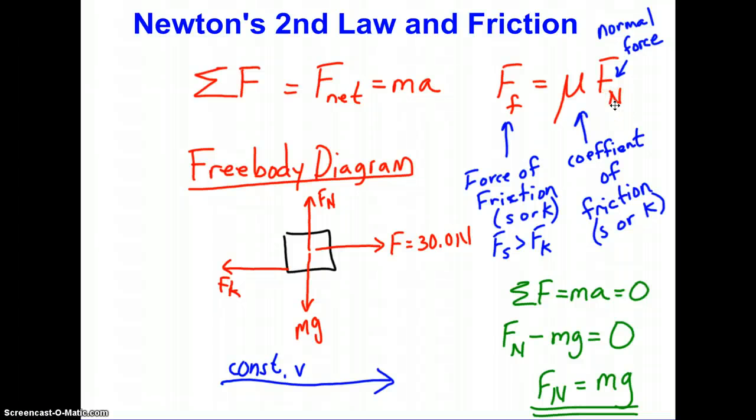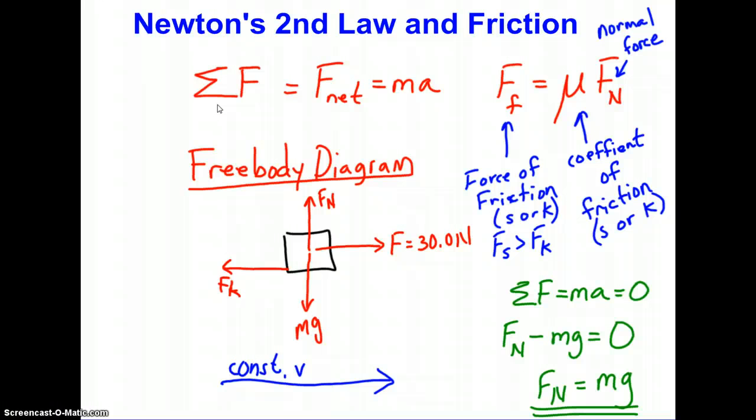All right, now we're going to take this concept and apply it to Newton's second law. Newton's second law, as it appears on your reference table, says F net equals ma. I like to teach a mathematical approach, which is sigma F equals ma. You may recognize the uppercase Greek letter sigma as the symbol for summation.